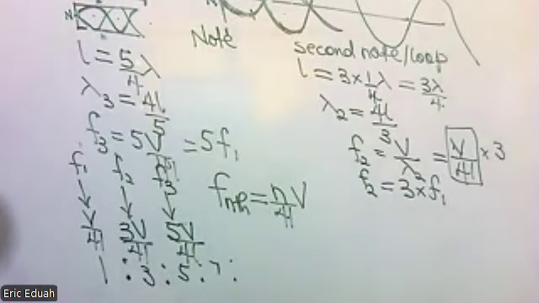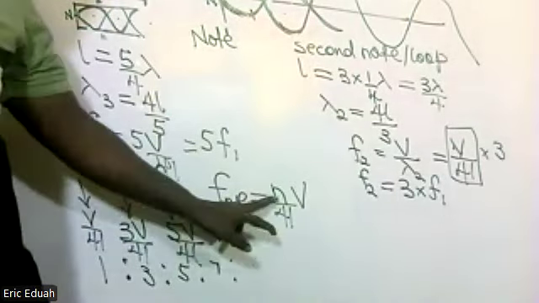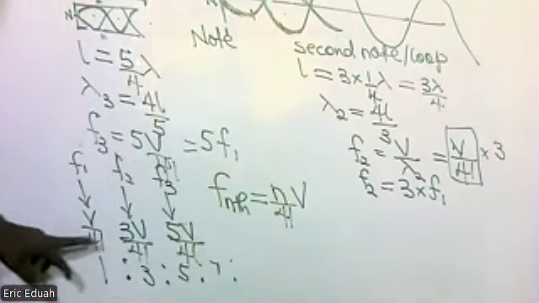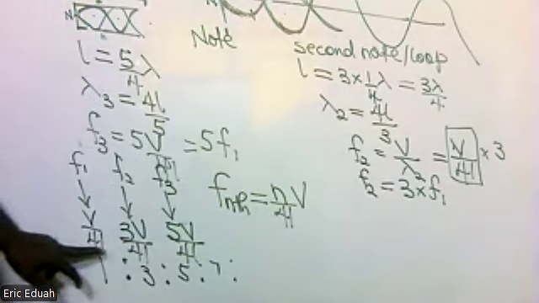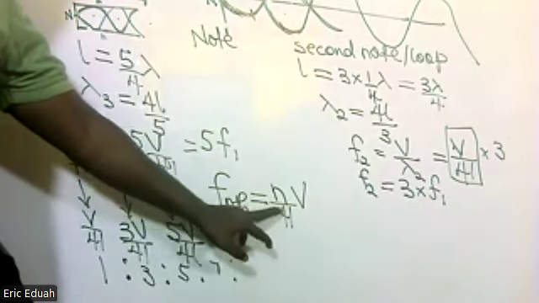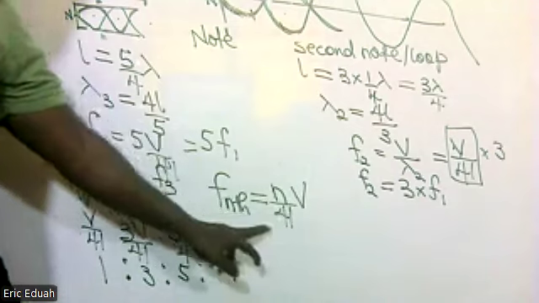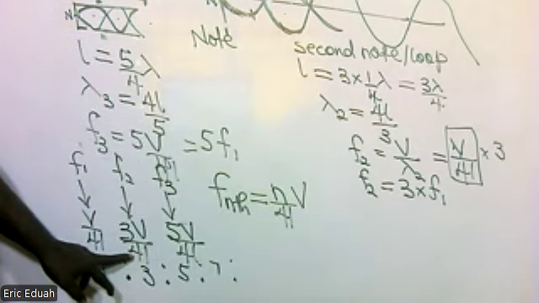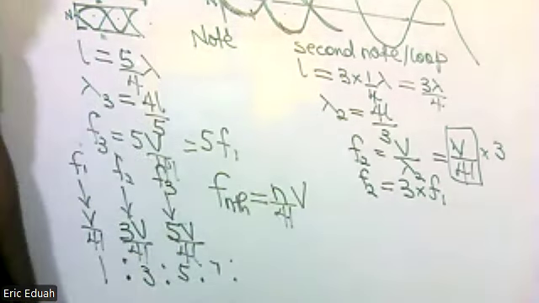If n is 1, we'll have V on 4L. It fits the first one. If n is 2, we'll have V on 2L. It doesn't fit.